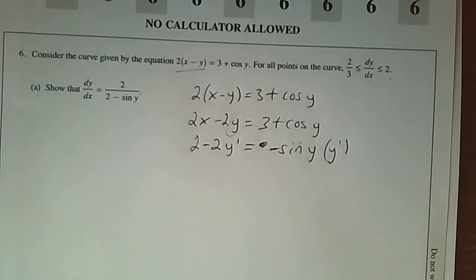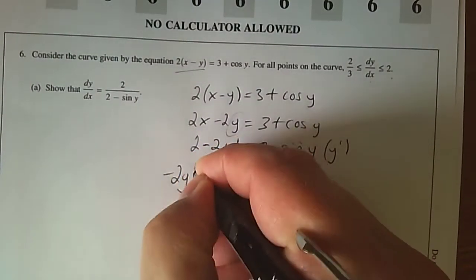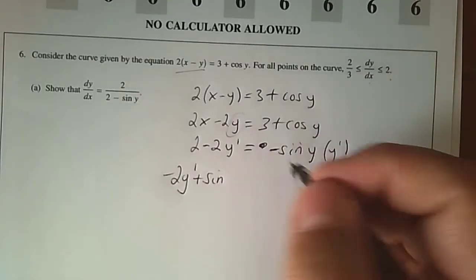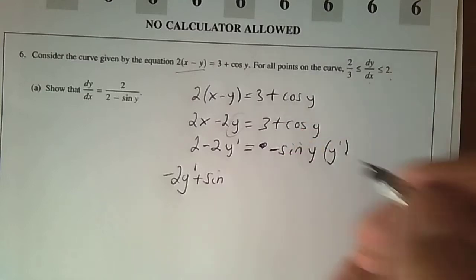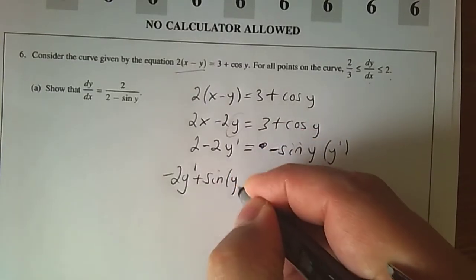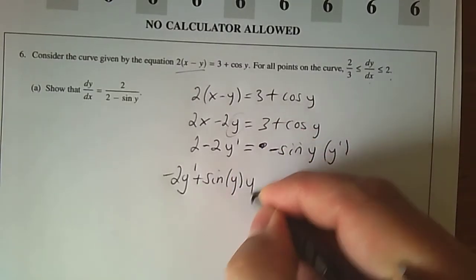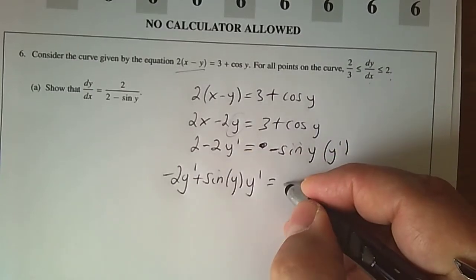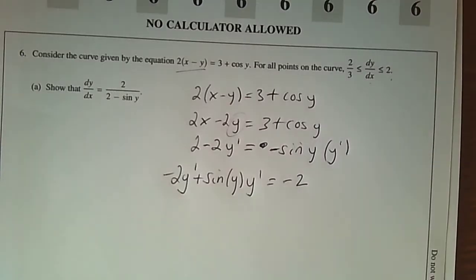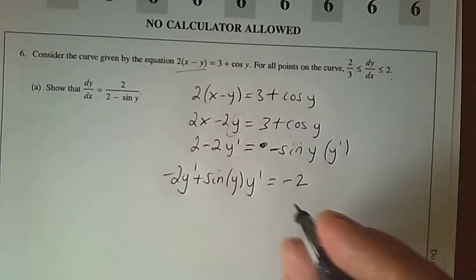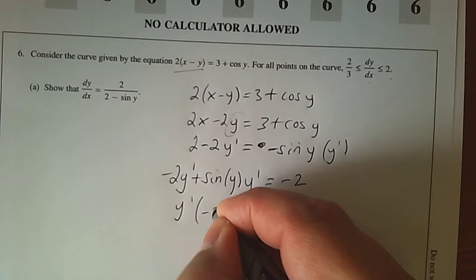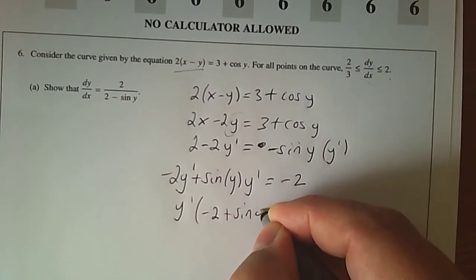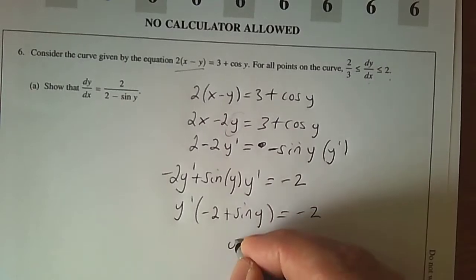We want to get all the y primes together. So to do that, I'm going to add sine y prime, and I'm going to subtract 2 to the other side. I'm going to divide out y prime, or factor it out, I should say, and then divide.